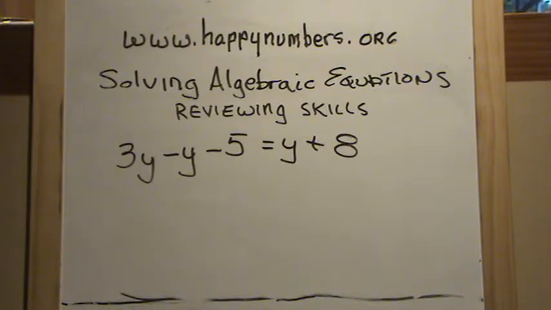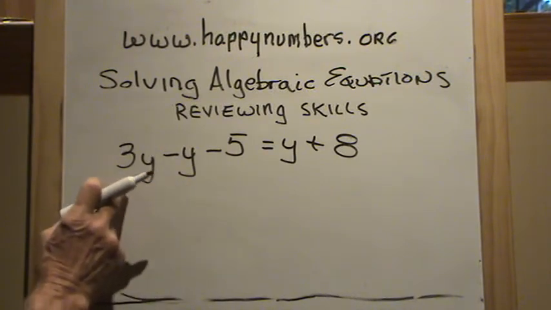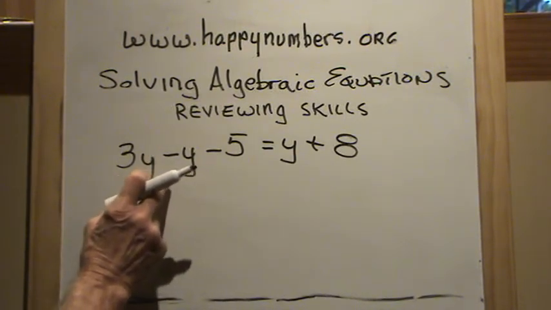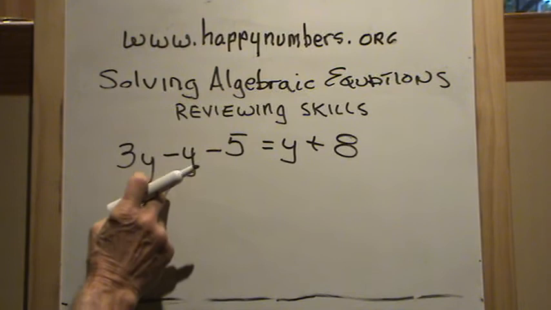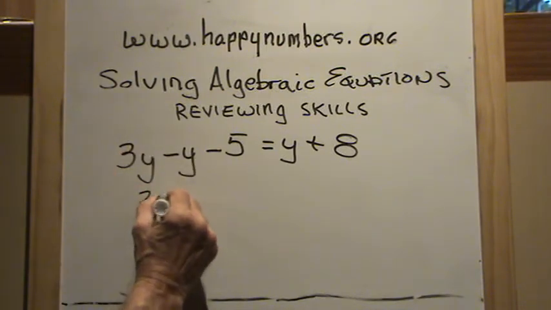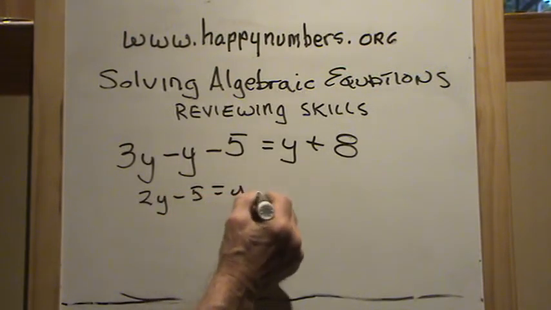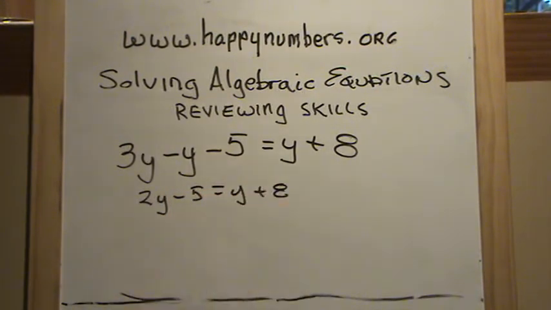Okay, well, here we have a like term. We have 3y and minus 1y. So let's deal with that first. 3y minus 1y will give us 2y minus 5 equals y plus 8.